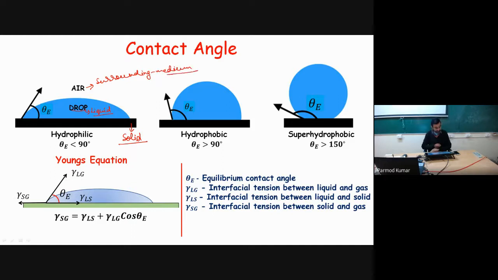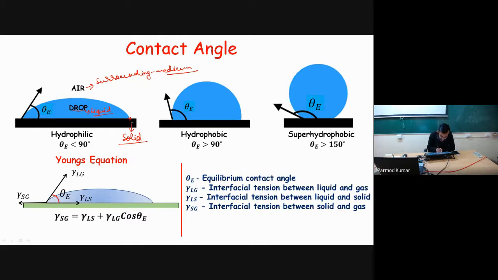Now this is a two-dimensional representation of our solid, liquid, and surrounding air system. In this two-dimensional representation, we find some point where all three phases interact.